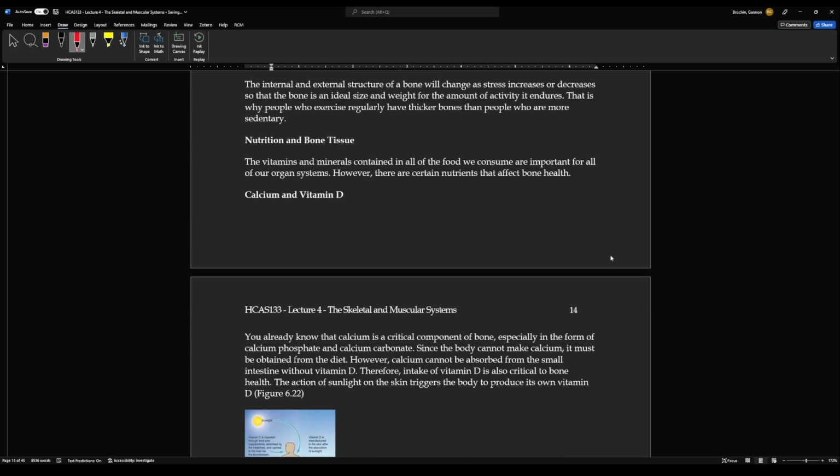And that's why you often see a stress fracture type situation, specifically like a March fracture, where one of the metatarsal bones have been put under a lot of stress, and they eventually fracture.